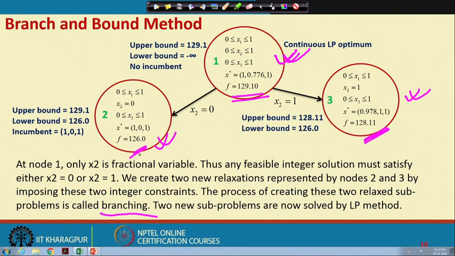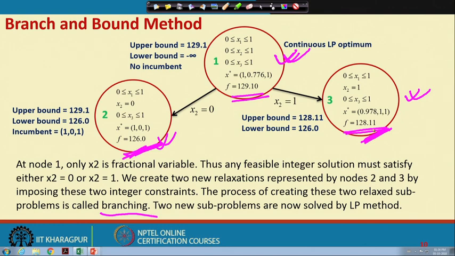So, this does not contain any fractional value. So, we are done with this node, but this node contains one fractional value, and also the optimal value here is 128.11.